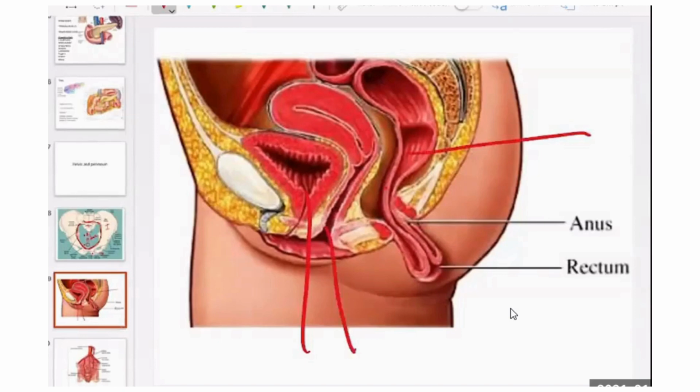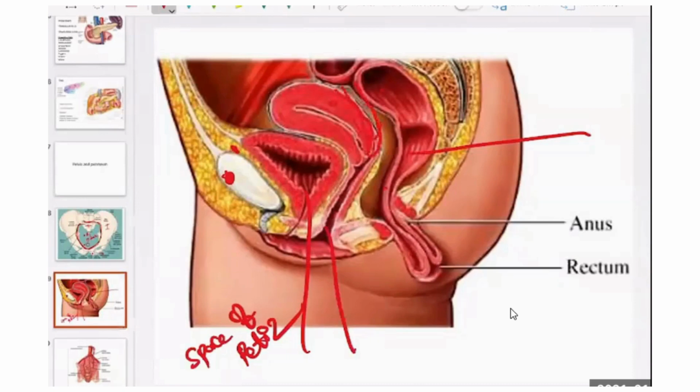So this is pubic symphysis. The area behind the pubic symphysis is called retropubic space, otherwise called space of Retzius. Now you see this. This is rectum. This is uterus. So the pouch present here is called pouch of Douglas.